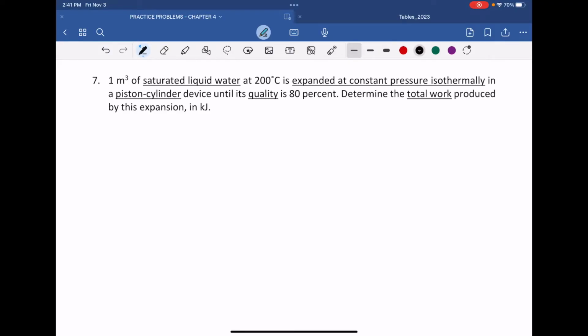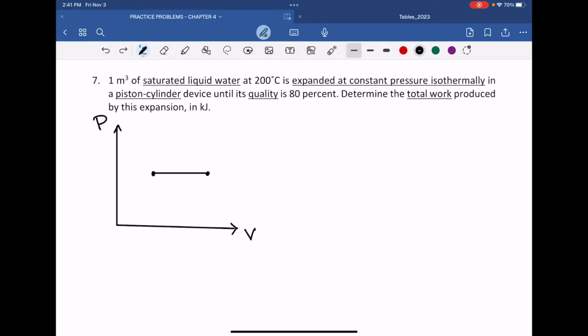If we look at the PV diagram, initially you have saturated liquid water at 200 and it's expanded at a constant pressure. Volume is increasing at a constant pressure, like this.